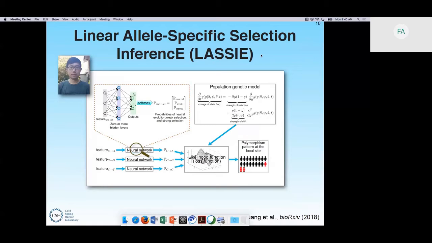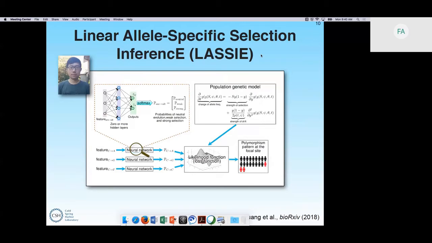Secondly, we're able, using a population genomic model, to make actual predictions of selection coefficients. So instead of just a generalized probability that a mutation will have some effect on fitness, we're now able to get out an actual meaningful selection coefficient for every possible mutation at every site.